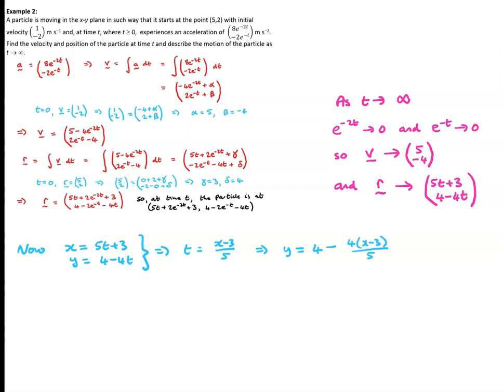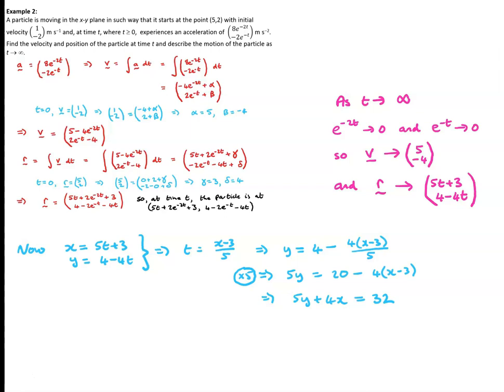Substitute that into the y expression. I've got y equals 4 - 4 lots of (x - 3)/5. We can multiply that up by 5 to clear the fractions, so we've got 5y equals 20 - 4(x - 3). In other words, we've got 5y + 4x equals 32.